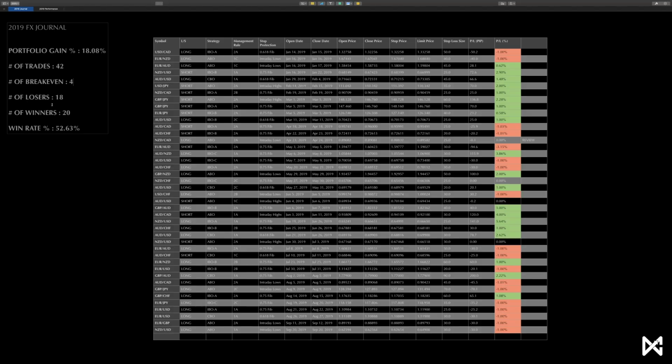Now the next thing is number of losers. So we have 18 losing trades and we have 20 winning trades. Not bad, right? It's a win ratio of just over 52%, which is good.